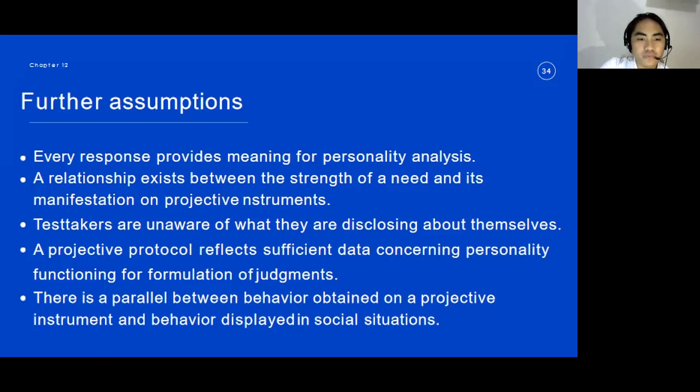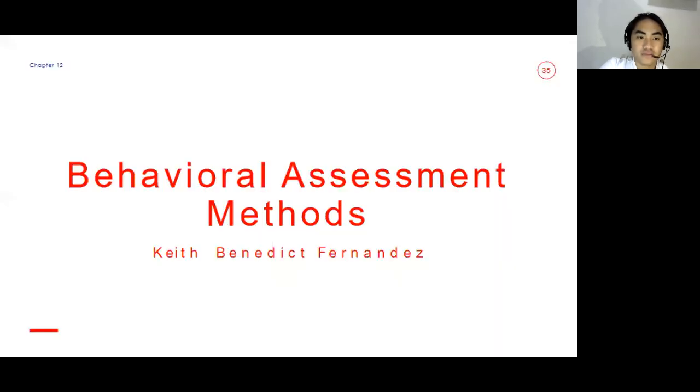It also assumes that there is a parallel between behavior obtained on a projective instrument and behavior displayed in social situations. In other words, this test is actually measuring how you would behave. Sometimes people will try to shock the therapist by giving bizarre or unusual answers, so you don't always reflect how you are actually thinking and feeling.